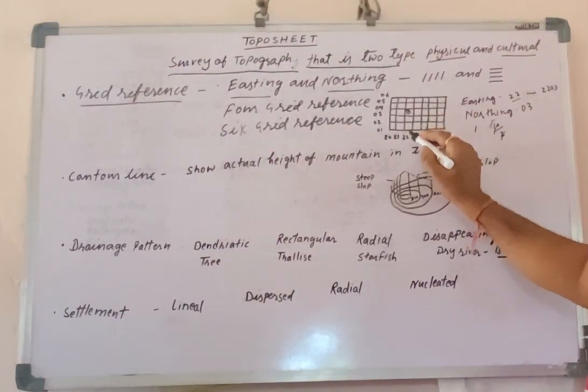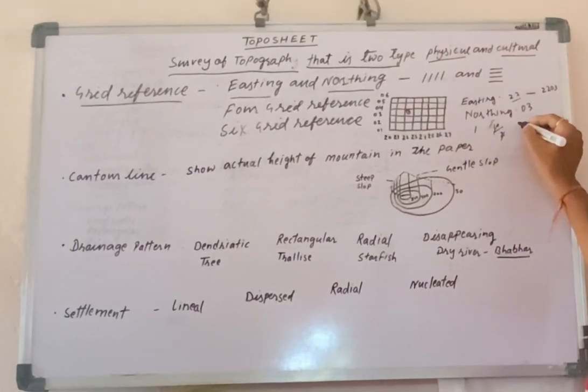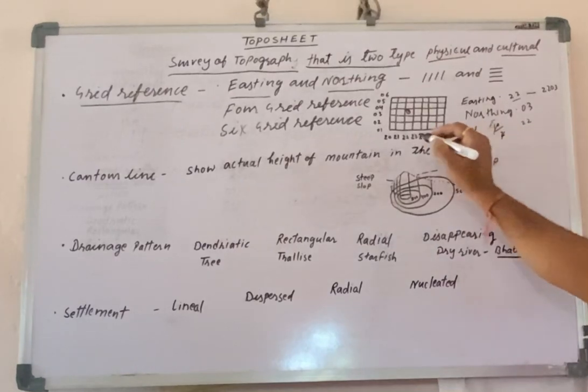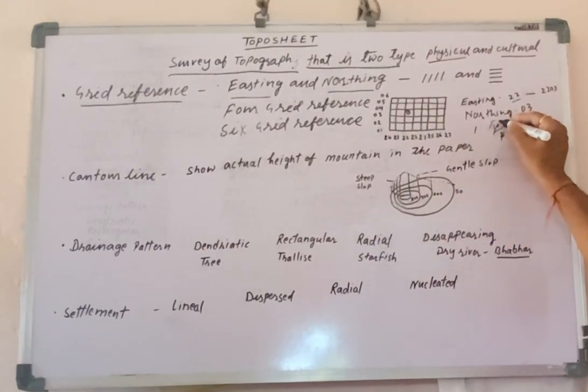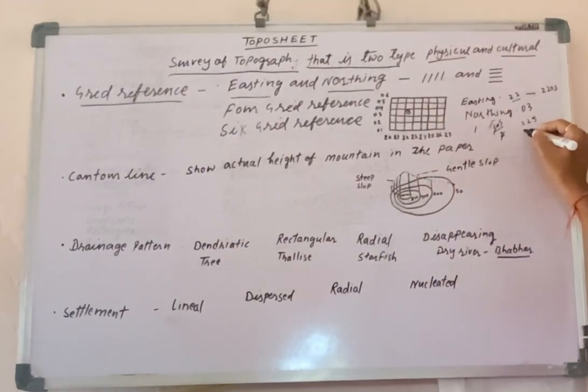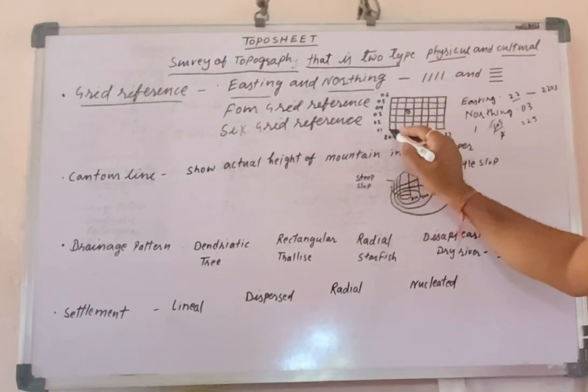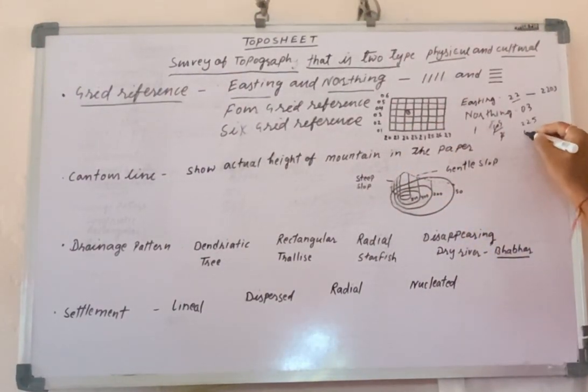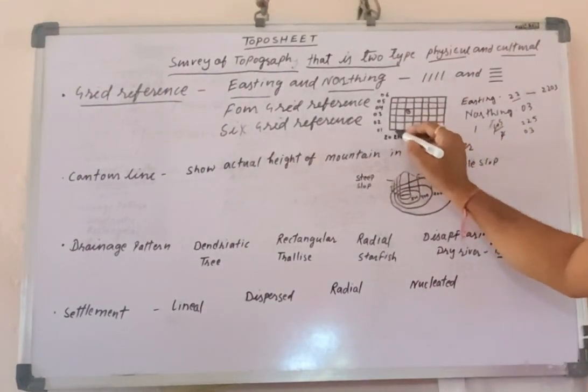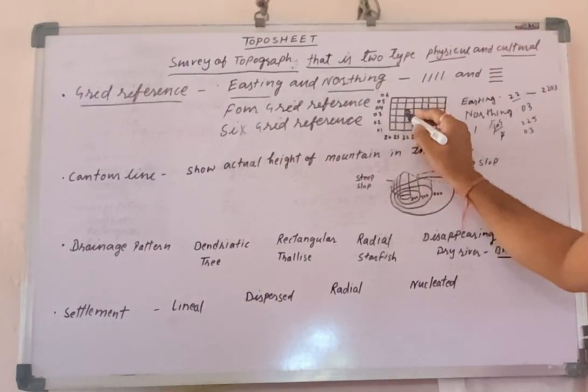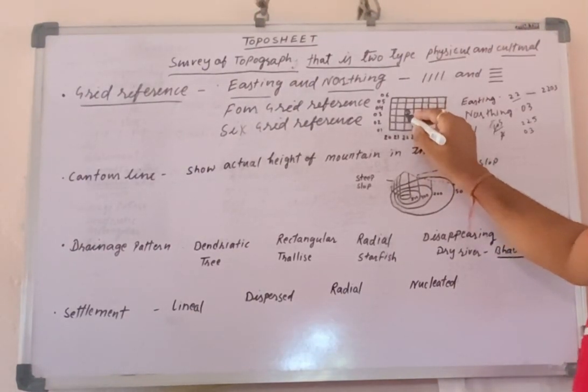So this is the easting. First we write 22, and easting is 5. Now the northing. We write again 03, and once again we start to count the millimeters from south to north.